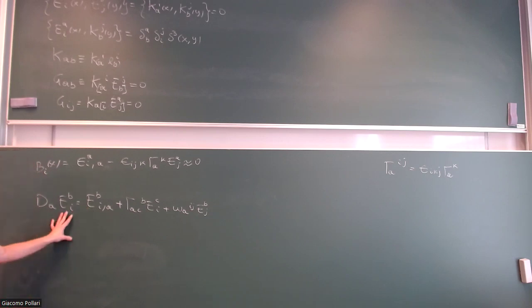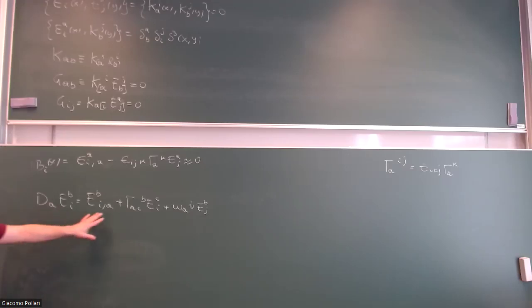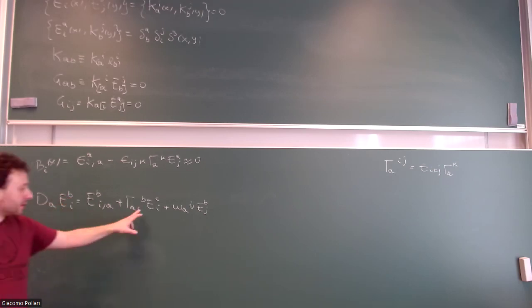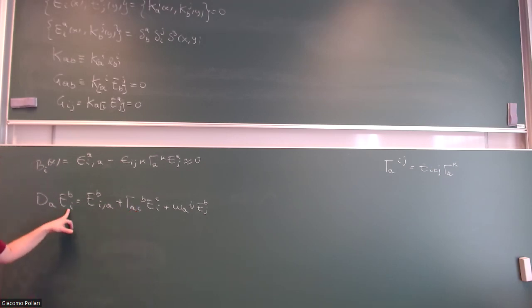Yeah, no, this is the definition that the connection will be compatible with the triads. So we have this derivative, which is a partial derivative and also acts on the space index. I would expect it to be secondary.